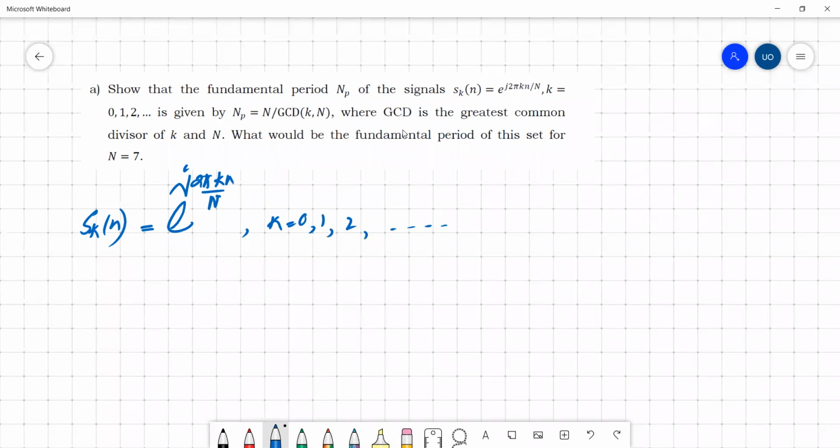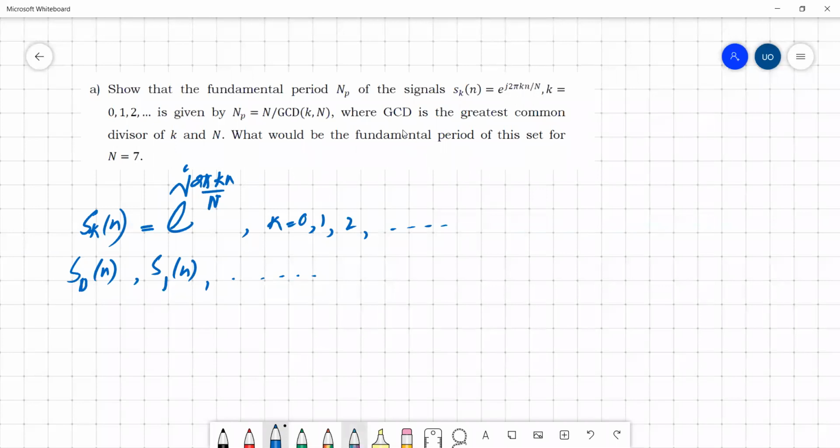If you substitute k equals 1, you have another signal. Likewise, you have s_0[n], s_1[n] up to whatever the maximum value defined for k. So you have a set of signals, not just a single signal.